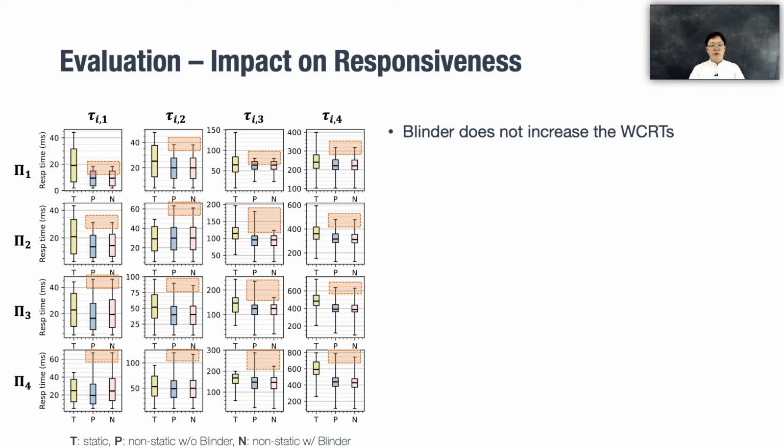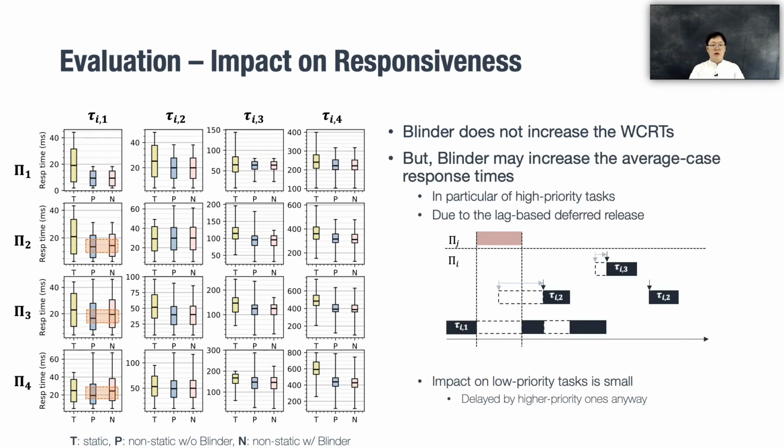First of all, you can see that blinder does not increase the worst case response times as explained earlier. But blinder may increase the average case response times. And you can notice that from the highest priority tasks of partition 2, 3, and 4 in these graphs.